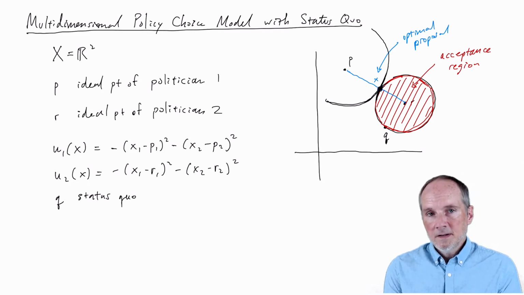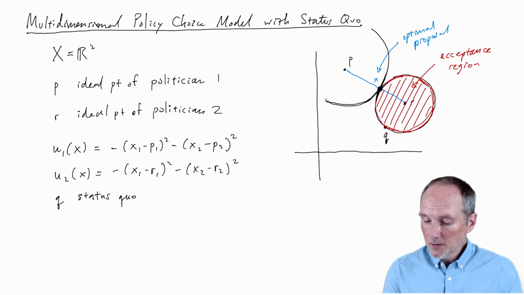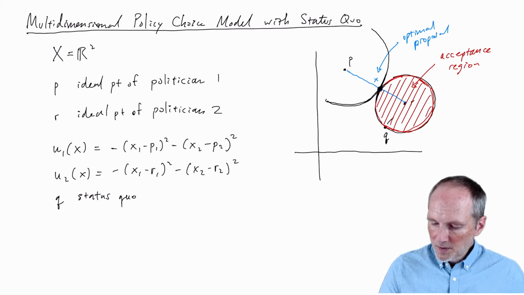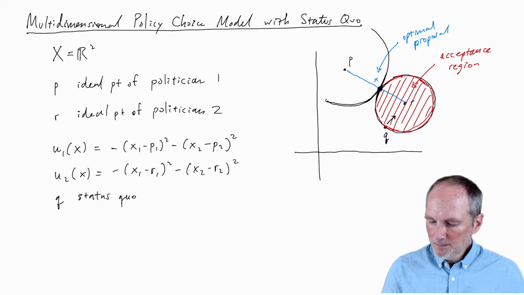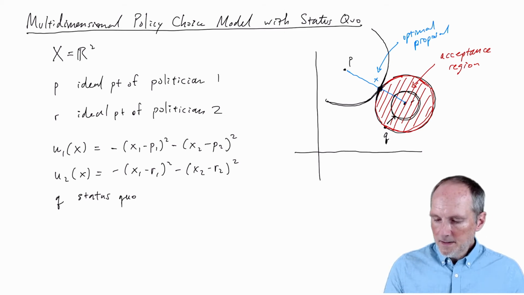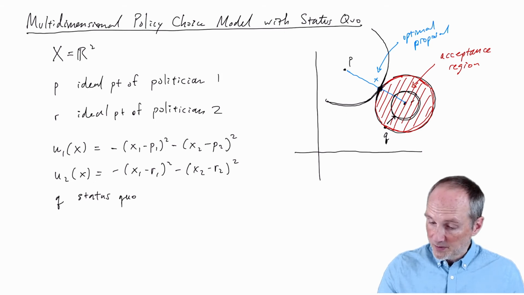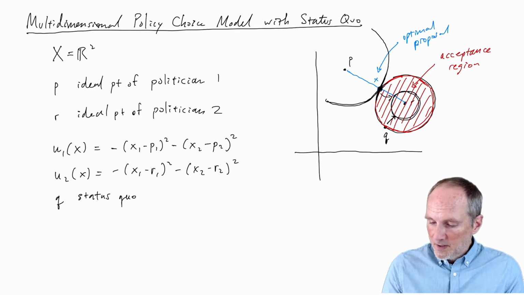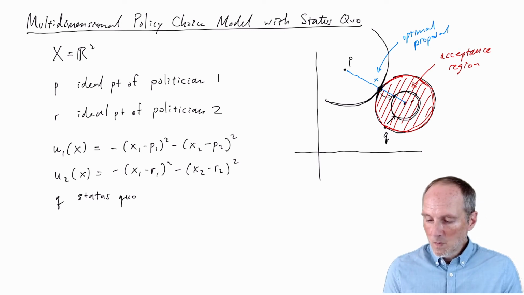Notice that just like we did in the one-dimensional model, we can do comparative statics on the status quo here. If the status quo moved closer to politician 2, that acceptance region would now be given by a smaller circle, and the optimal choice for politician 1 is still going to be on that line, but it's going to be closer to politician 2's ideal point.